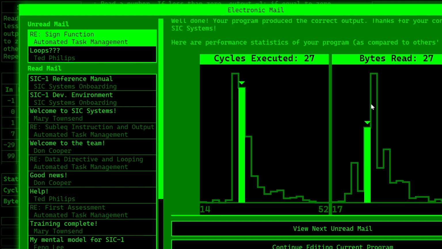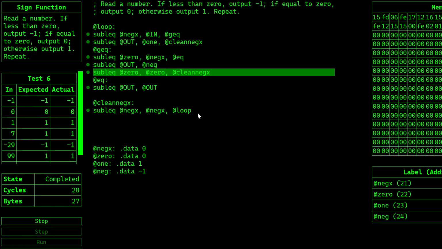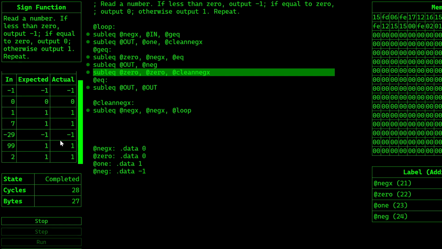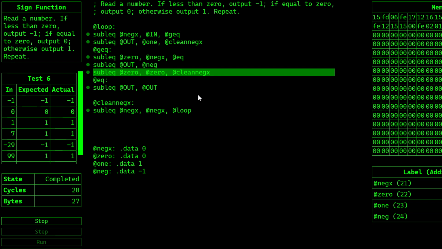And 30 bytes. 3 more than me. And also 3 fewer cycles than me. Huh. Well, okay, I guess that's fine. 3 is just a weird number when there's like... Well, I was going to say when there's 7 inputs, shouldn't you be doing like multiples of 7? But of course each input doesn't take the same number of instructions.